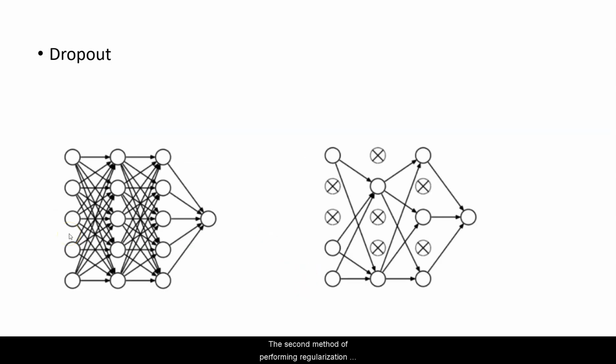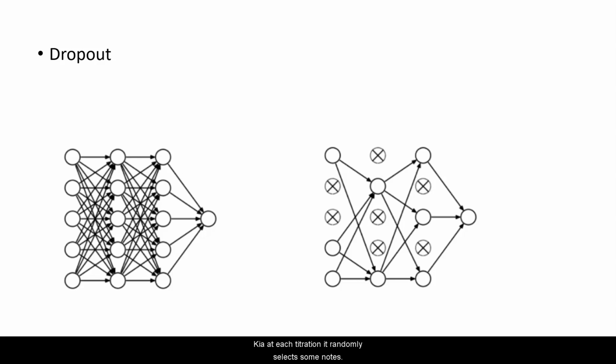The second method of performing regularization, which is explicitly for a neural network, is dropout. Dropout is one of the most frequently used regularization techniques in the field of neural networks.